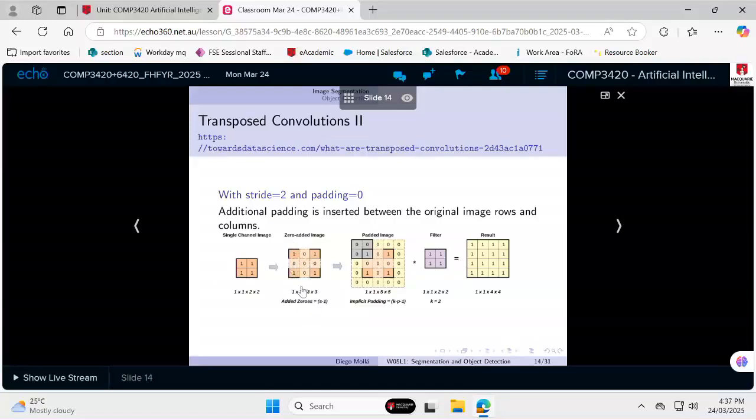Okay, so you have the new value, the new padding in between, and then the new padding around, which is k minus p minus 1, which happens to be 1, because k is 2, p is 0, minus 1, so 2 minus 1 is 1, so you have 1 around. After applying the filter, you get this size, which is a bit larger.